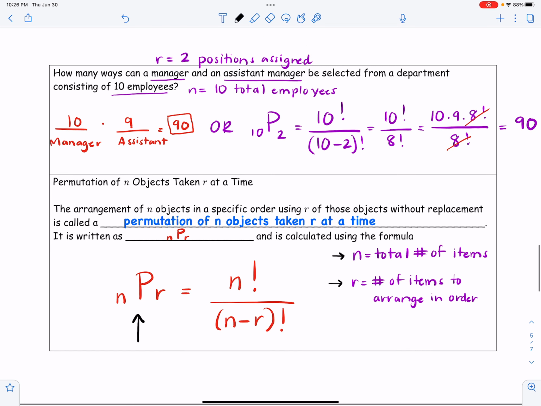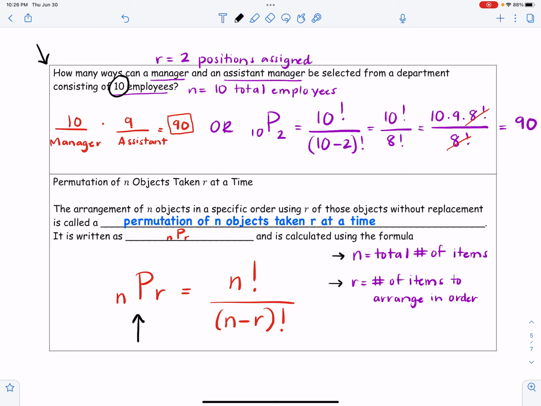Just to show you, take the example right above this: we have 10 total employees. If I said, how many ways can you order all 10 employees, you would just do 10 factorial and you would be done. But this doesn't say that.